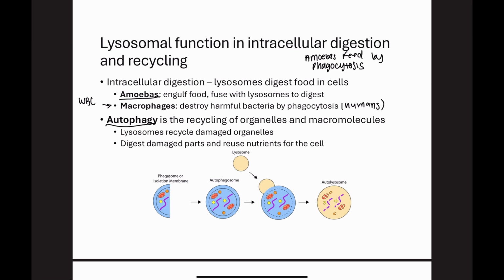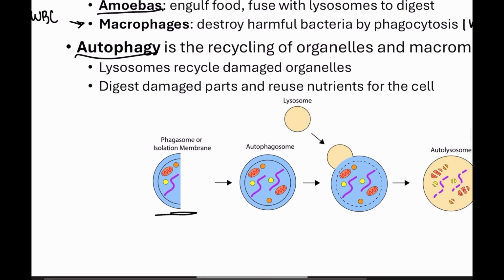During autophagy, a damaged organelle or even cytoplasmic material is going to be enclosed inside of a double membrane. And that double membrane is going to fuse with the lysosome. And once it fuses, it's going to break down its contents and release organic monomers back into the cytosol for reuse. So when we're looking at this figure, what we see here is a double membrane vesicle, which is called an autophagosome.